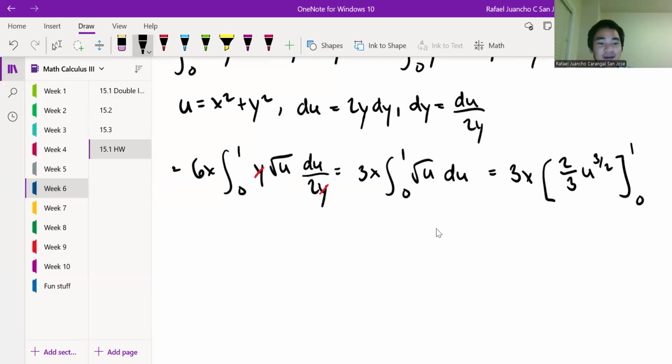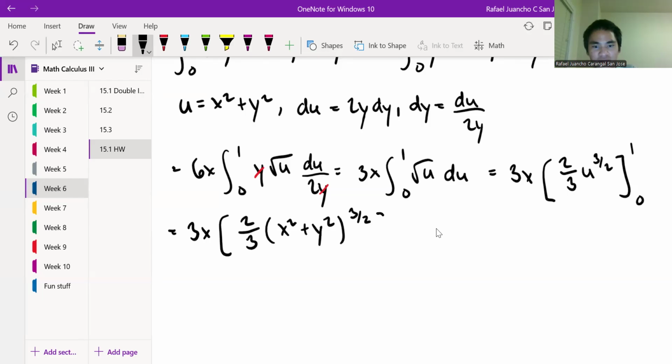Oh, so the thing is I don't have to, right? I almost forgot. When I'm evaluating a definite integral, I don't need to put it back to how it was because it's just a number anyway. And so, oh, wait a minute. I have to actually put it back, right? So I get 3x, 2 over 3, and then I put my thing back, x squared plus y squared to the 3 over 2, 0 to 1.